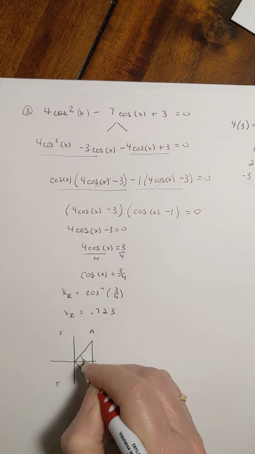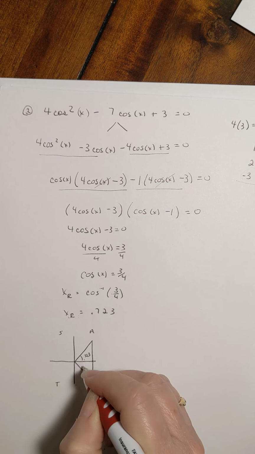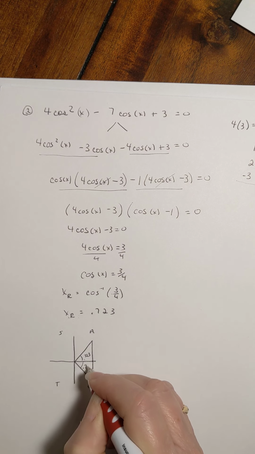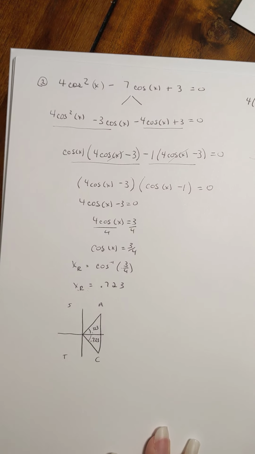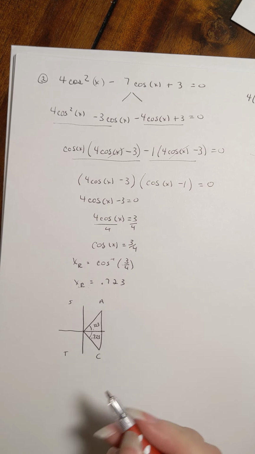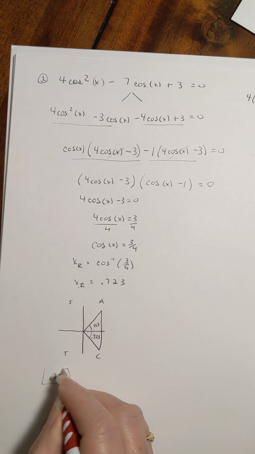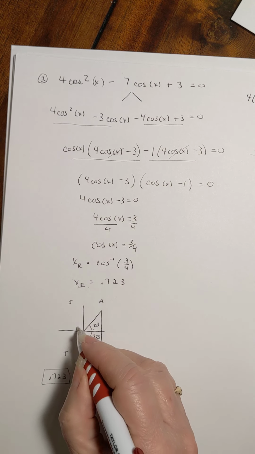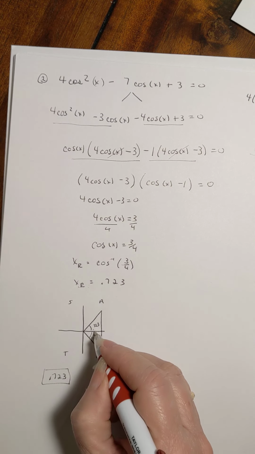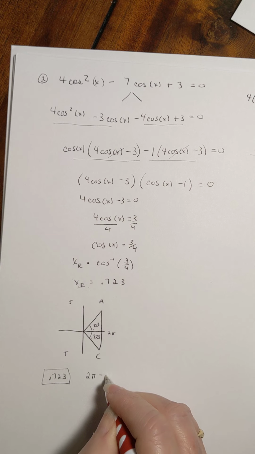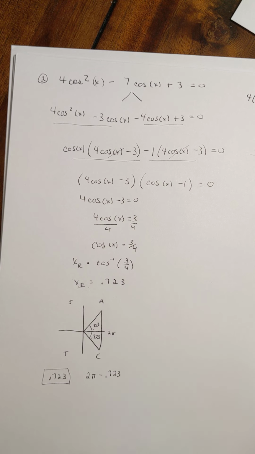And so this is 0.723, and this reference angle is 0.723. All right, so the first one is in the first quadrant, so it's just going to be 0.723, and that's the answer. But the second one, I have to go all the way around and then back. So this is 2 pi, so it would be 2 pi minus 0.723.